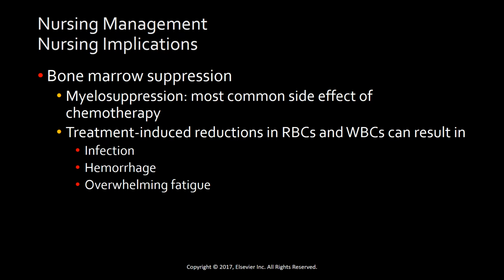So we also, as nurses, want to monitor the complete blood count. Okay, when we're monitoring the CBCs, we are looking at neutrophils, platelets, and red blood cell count, especially in patients receiving chemotherapy. So neutropenia.